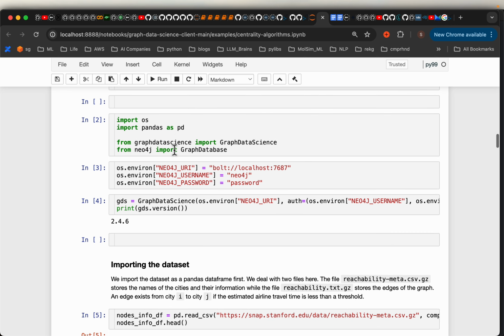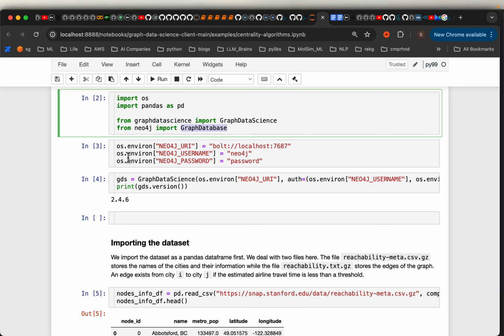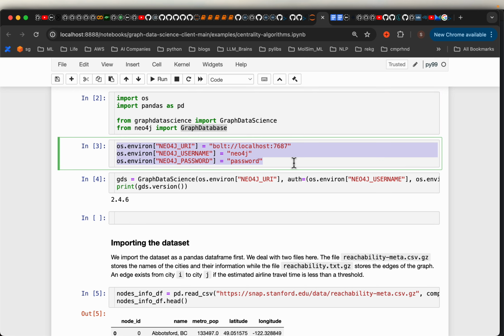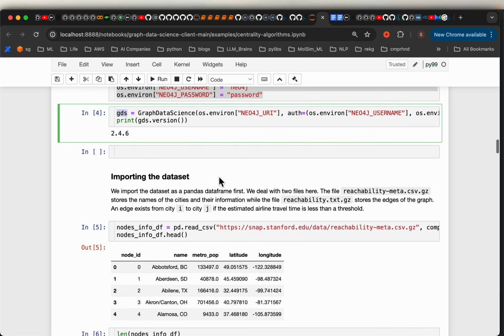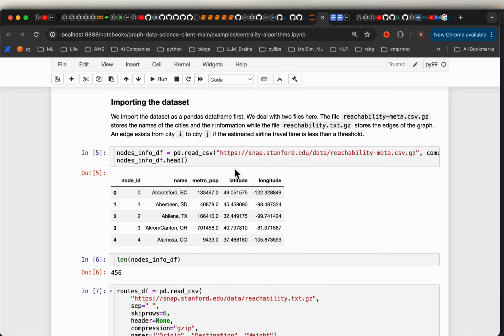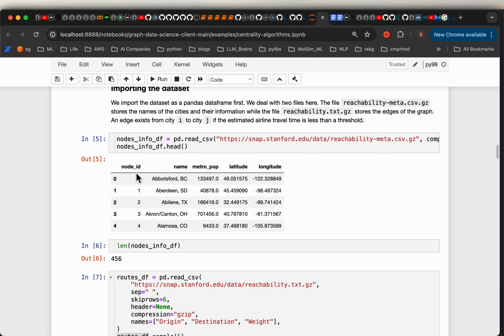All right. So we are going to use the graph data science as well as graph database libraries, just running locally. And then here we are creating the graph data science client. Now let's read our dataset. This version of the dataset is hosted by Stanford EDU. So here we have the nodes. Nodes are simply the cities, right?